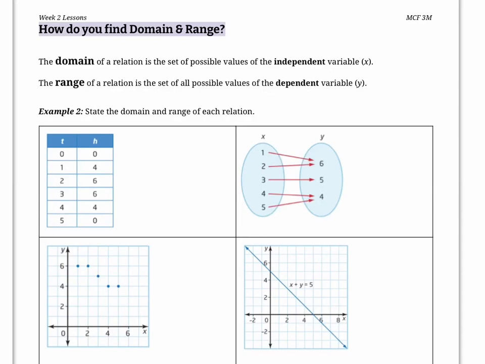What that means is domain is what is x allowed to be? And the range is what is y allowed to be?